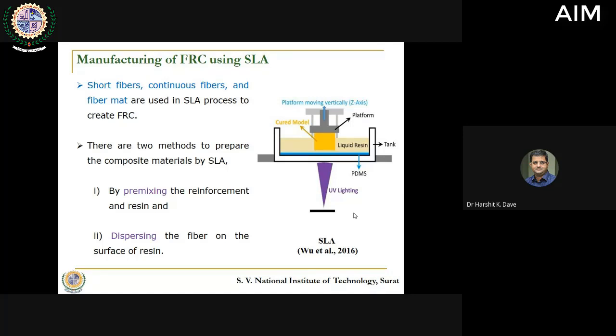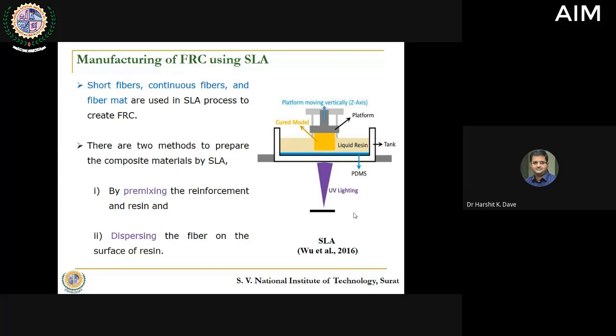This light will cure the resin. In the meantime, it is required to ensure that these fibers, be they continuous or chopped, come under the liquid layer to be cured. If that is ensured, then we are able to generate a sound composite material with the help of this resin.